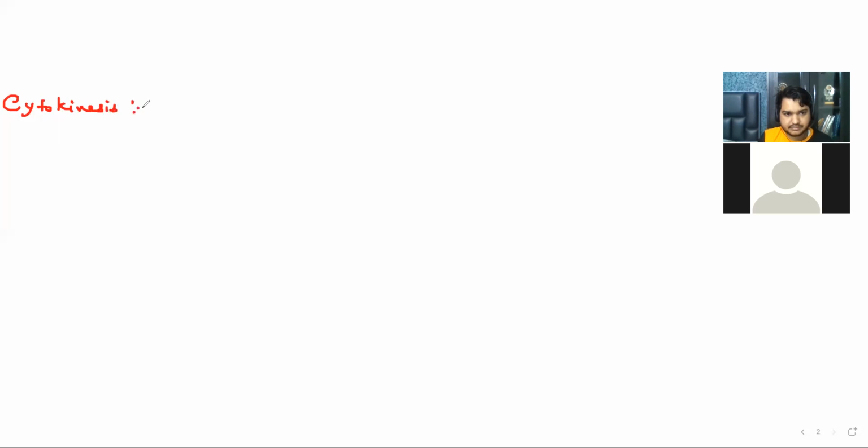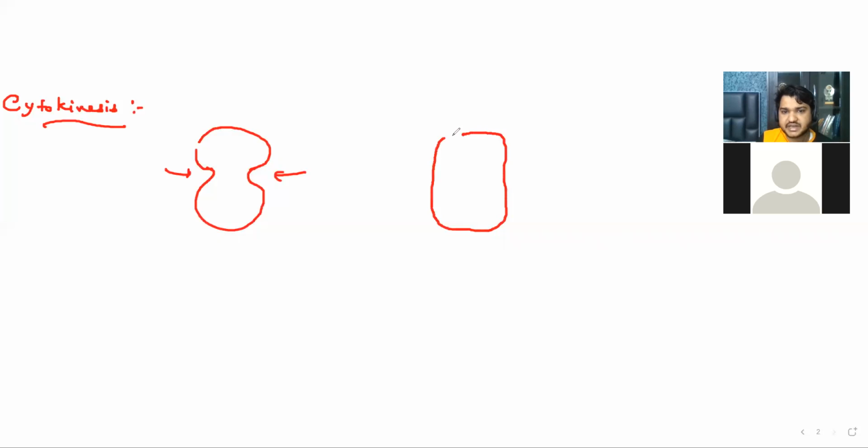See here, there is a division of cytoplasm. In an animal cell, the cytoplasm will divide with a furrow like this. But in a plant cell, it will divide from the center, with a cell plate formation, and then it will be divided into two.